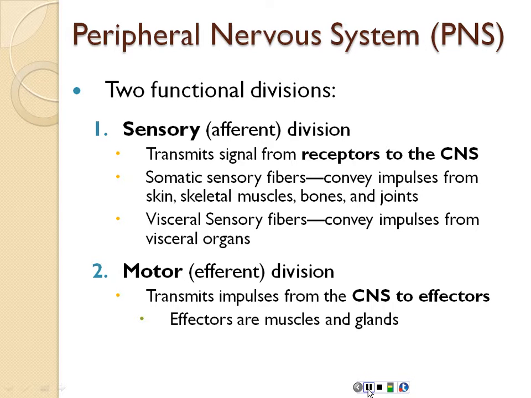So nothing's happening until that signal from that receptor makes it to the brain. So whose job is it to get the signal from my fingertip to the brain? Right. Initially, it's the role of the nerve. So nerves carry the signal from receptors to the CNS, right? That's half of the story.